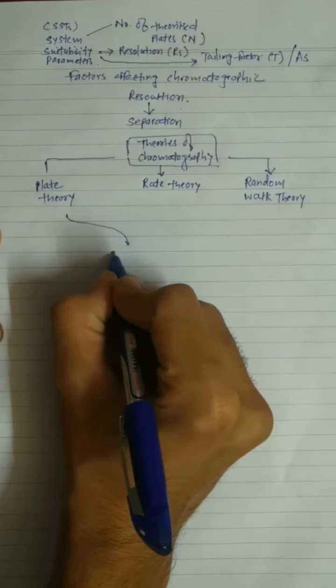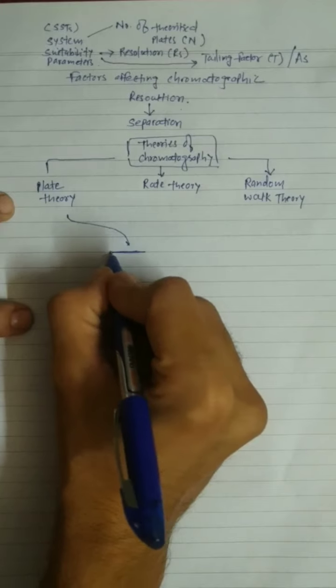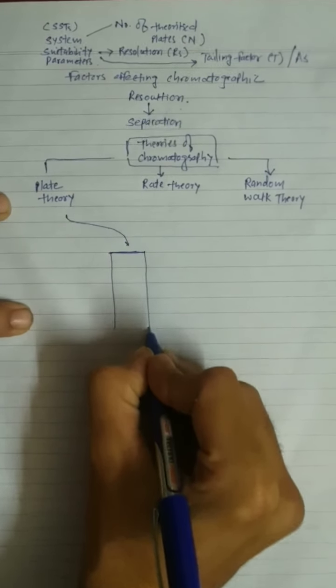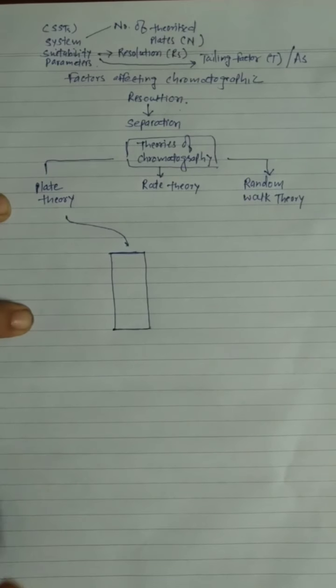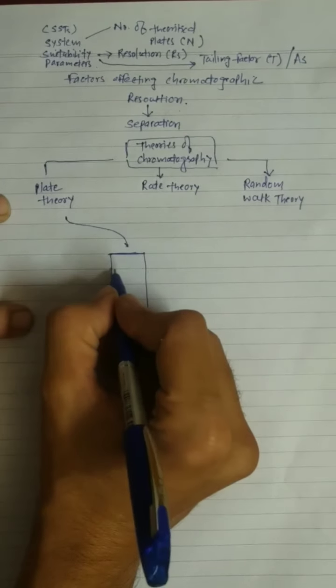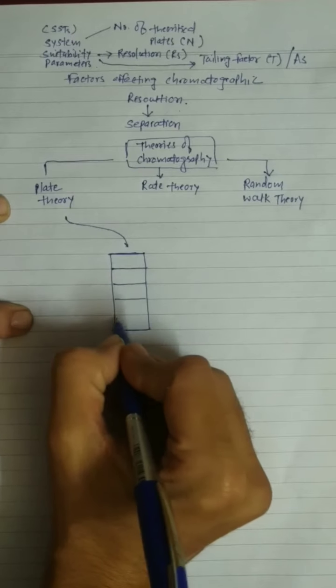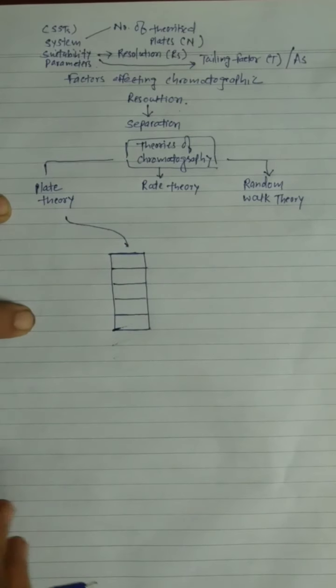Plate theory suggests that because the separation is taking place in a column, a chromatographic column, because it is filled with stationary phase, it contains a certain number of plates within that column. Now these plates are nothing but the layers of stationary phase.